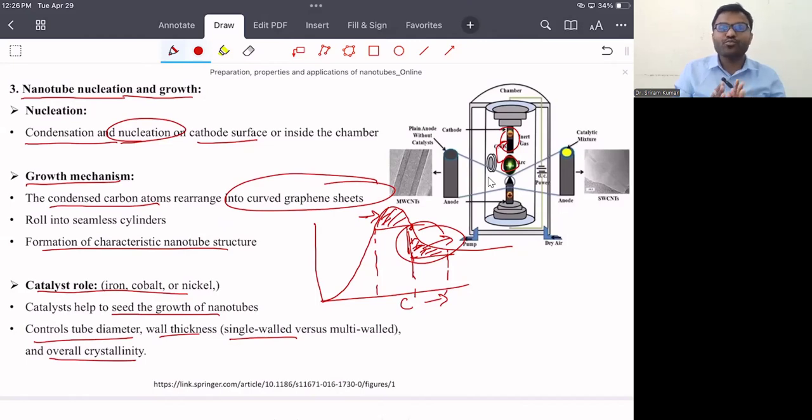So the catalyst is very, very important, whether you want to make amorphous or crystalline CNT. We need the crystalline CNT for more effective applications of these materials.